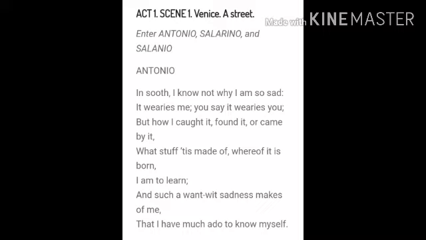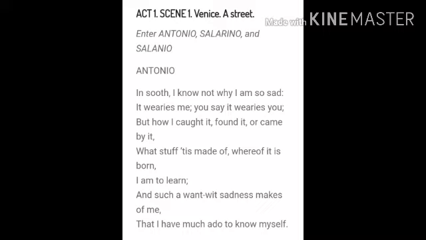So, next part. "But how I caught it, found it, or came by it, what stuff it is made of, whereof it is born, I am to learn." Here, it stands for sadness.